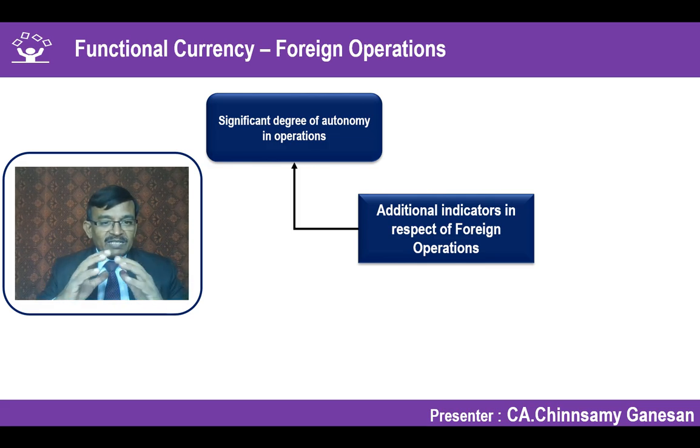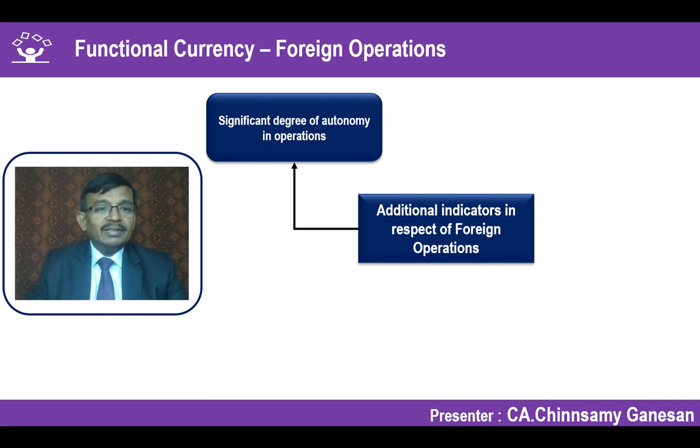Even though there is no specific discussion, I will suggest you see the indicators of an independent foreign operation, or where there is autonomy. There are 8 parameters which we are seeing in AS 11. More or less the same parameters you can apply, and you will get whether the subsidiary is significantly dependent on the parent or independent of the parent. If it is independent, I say it has autonomy.